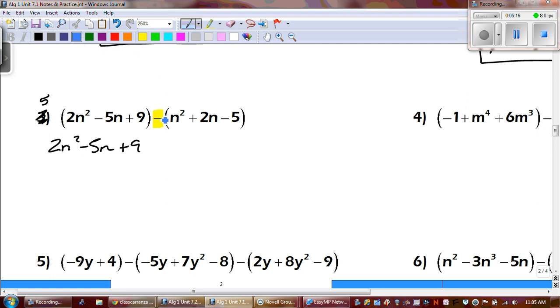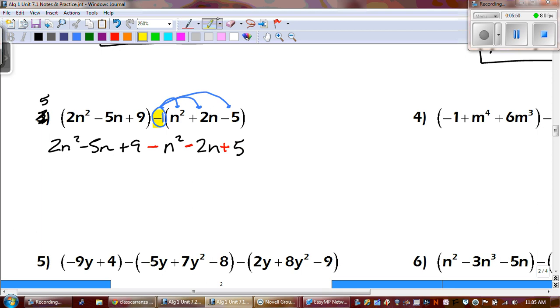Now, we're distributing a -1. When you multiply by a -1, your terms stay the same. The only thing that changes are the signs. So that was a positive n, now it's a negative. That's a positive, now it's a negative. This is a negative, now it's a positive. So those are the major changes.